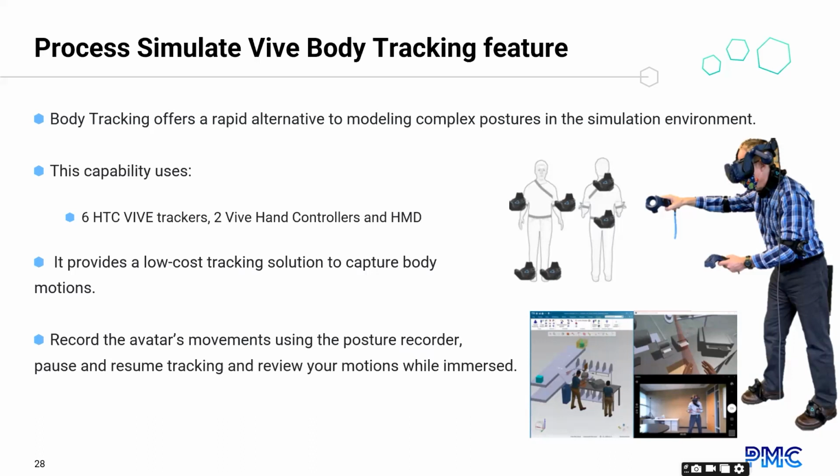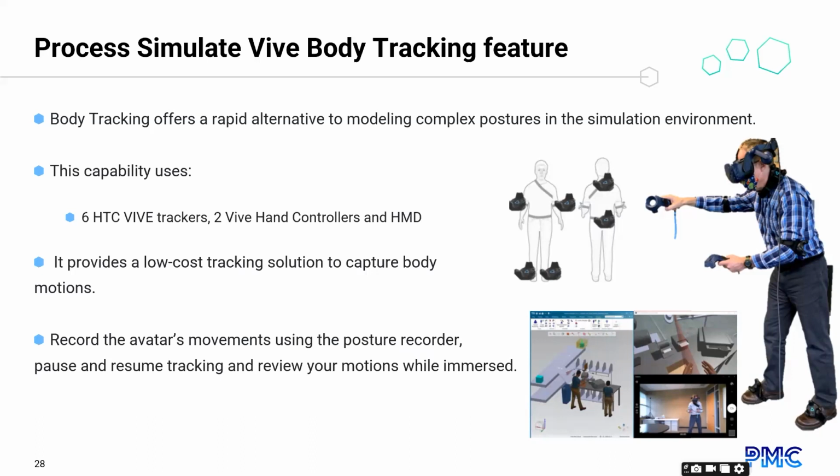With this capability, we use 6 HTC Vive trackers that, as we can see in the image, are attached to the human body at the C7 vertebra, pelvis, both elbows and both feet. We have 2 HTC Vive controllers, and we have the HMD, the head mounted display.